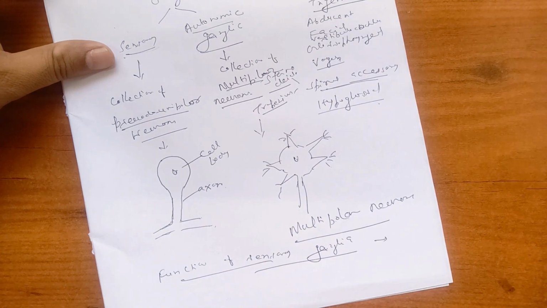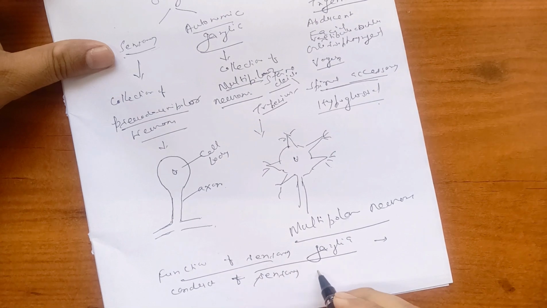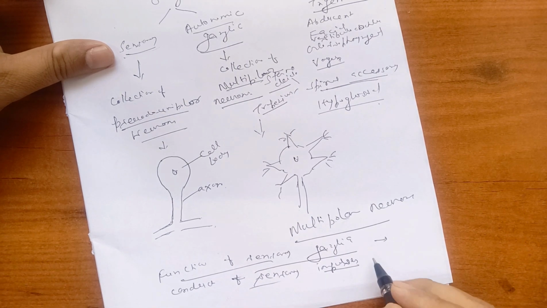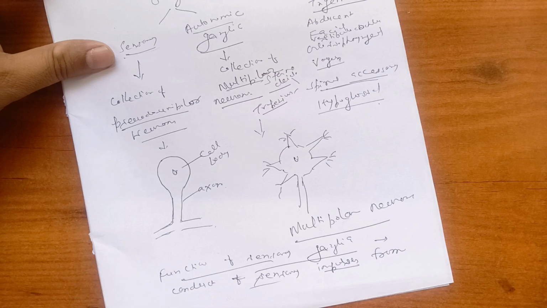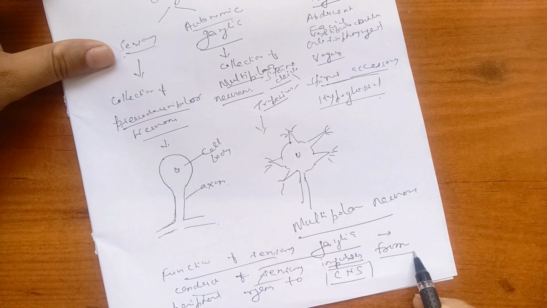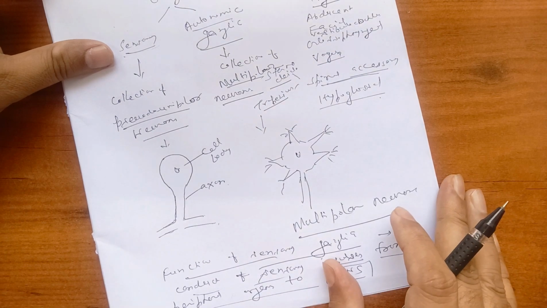It conducts the sensory impulses, just like the impulses for vision and olfaction, from the peripheral organ to the central nervous system. That is the sensory ganglia, which conduct the sensory impulses from the peripheral organ to the central nervous system.